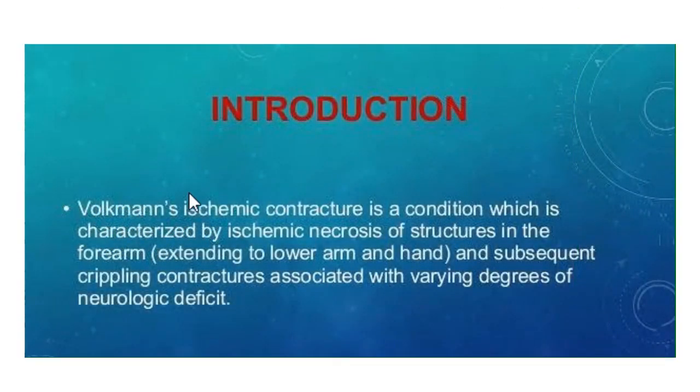As you know, the word ischemia means the loss of blood supply and contracture is the deformity. So Volkmann ischemic contracture is a condition characterized by ischemic necrosis of structures in the forearm when there is injury of the brachial artery or when the brachial artery is occluded. It leads to ischemia of the muscles of the forearm and hand.